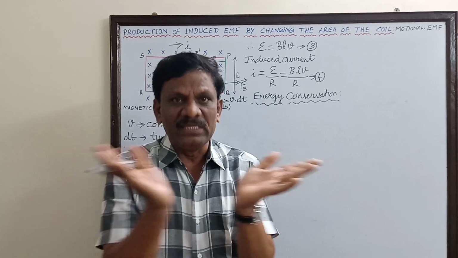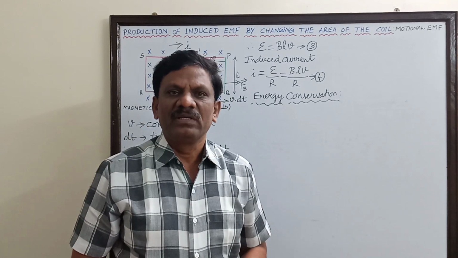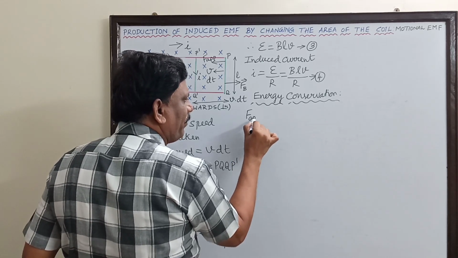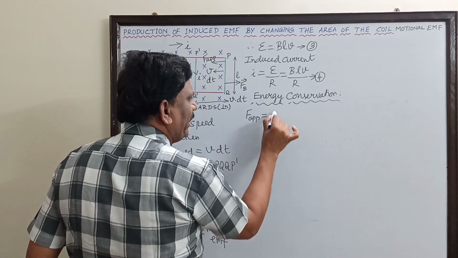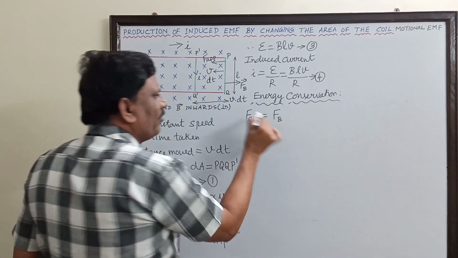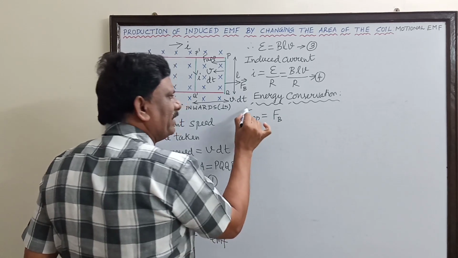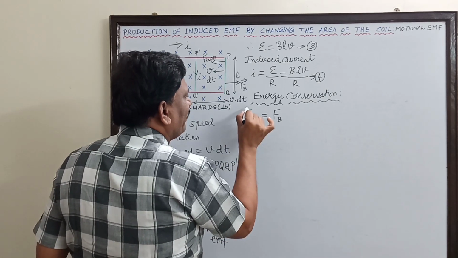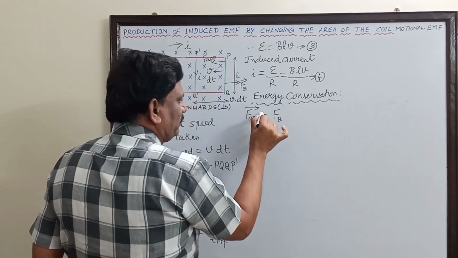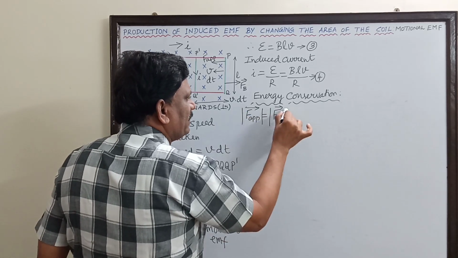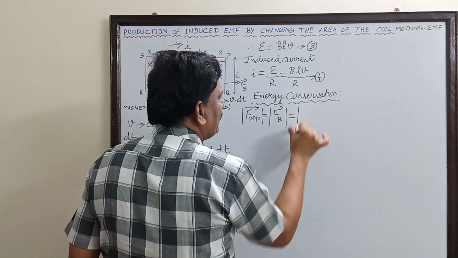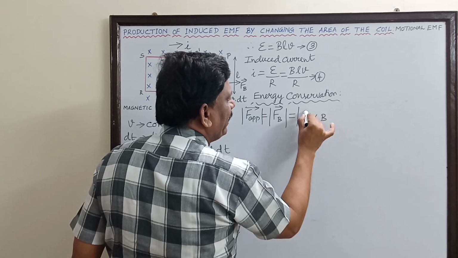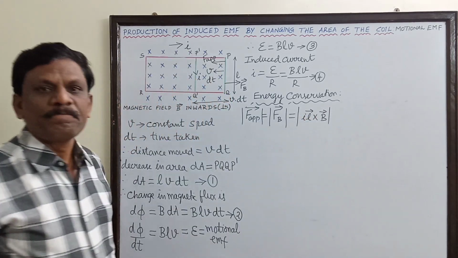Understand? So the magnitude of these two forces must be equal. So I will write here, the magnitude of the applied force is equal to the magnitude of the magnetic force. In modulus, I can write with or without the vector symbol. The modulus of these two forces are equal, and F is equal to IL vector cross product B vector.